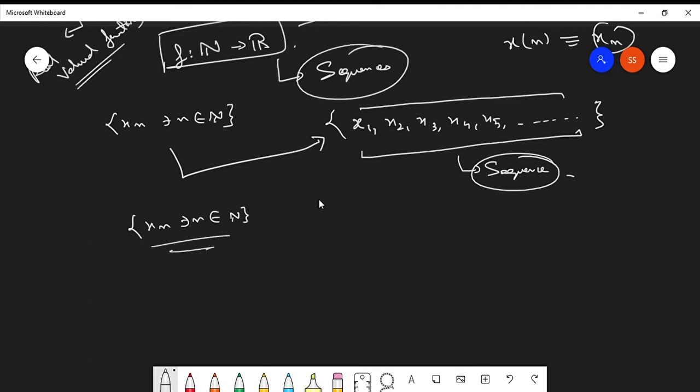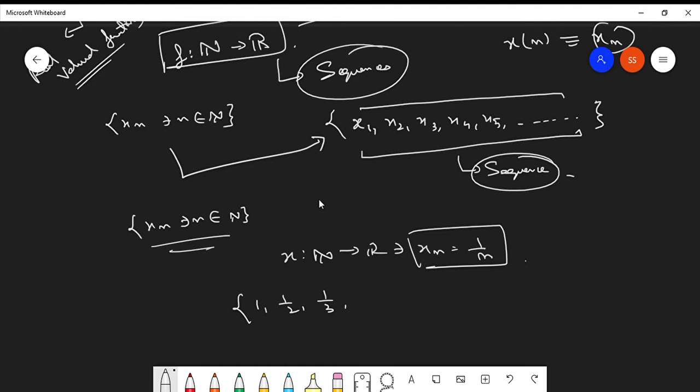Suppose we have a function from N to R such that xn equals 1 over n. What is the sequence? It is 1, 1/2, 1/3, 1/4, and so on. And what is the range of this sequence?